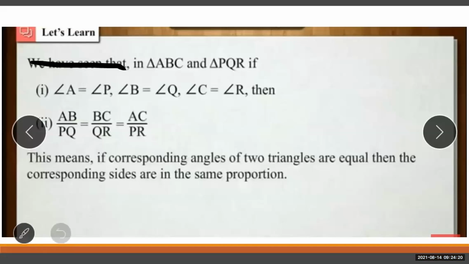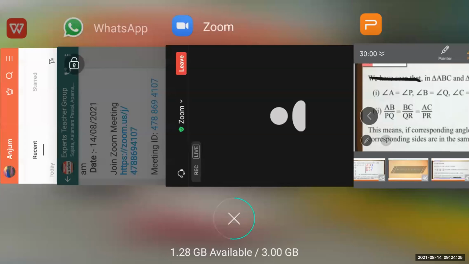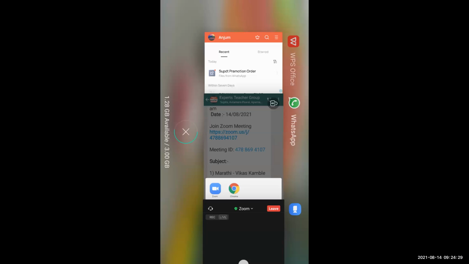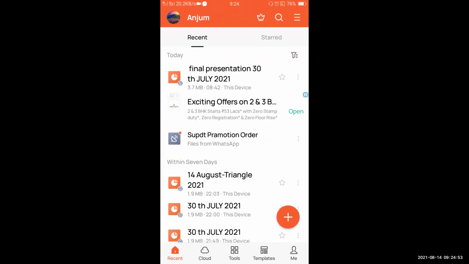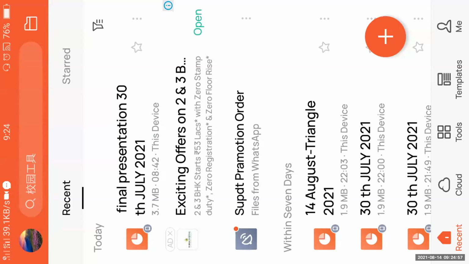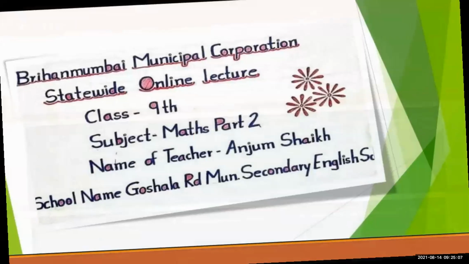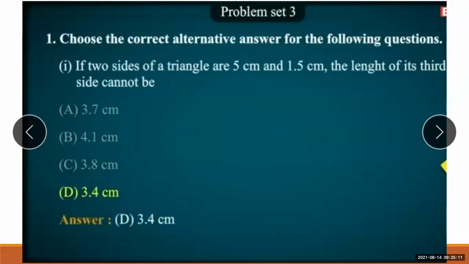So here we are starting problem set 3. The first question from this problem set: you have to choose the alternative answer for the following questions.